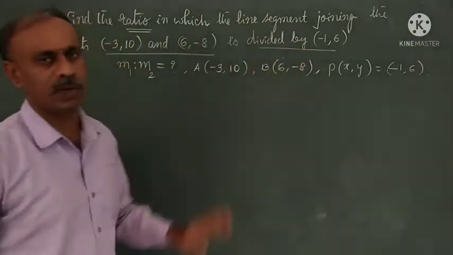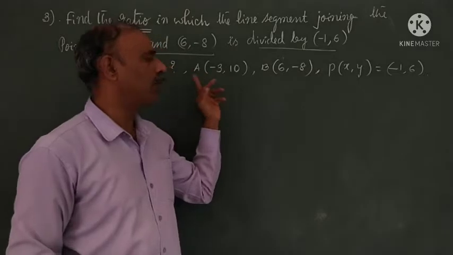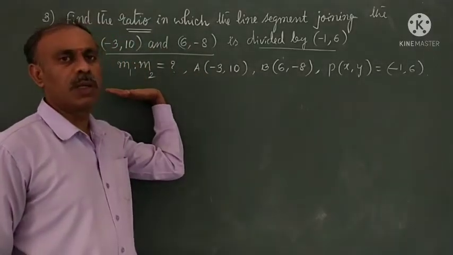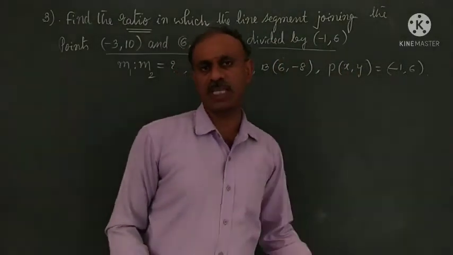So two end points of a line segment are given, marked as A and B. We need to find the ratio m1 is to m2, and the point of division P(x, y) is (-1, 6).